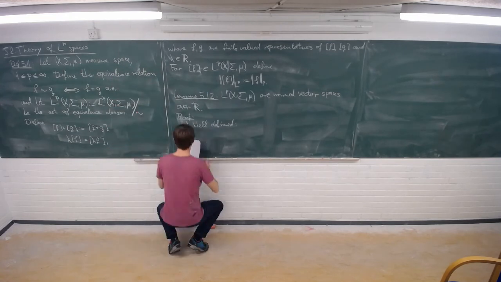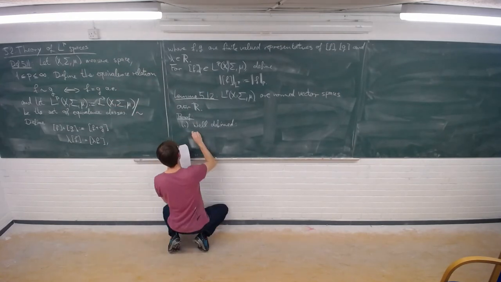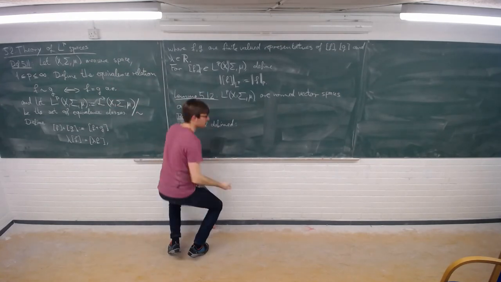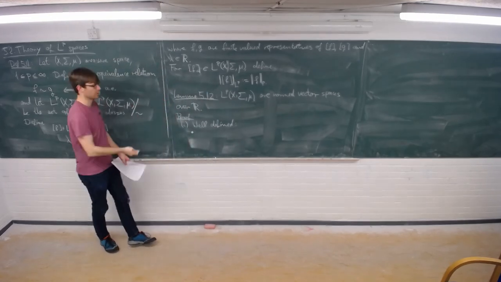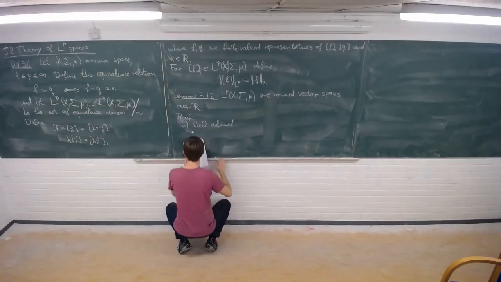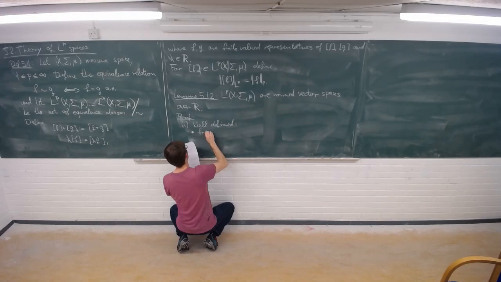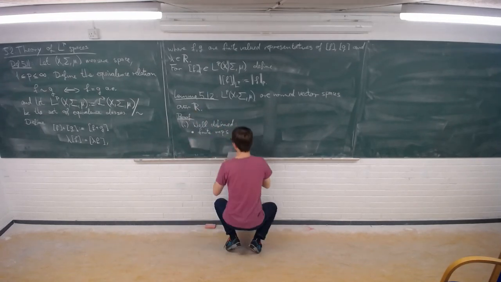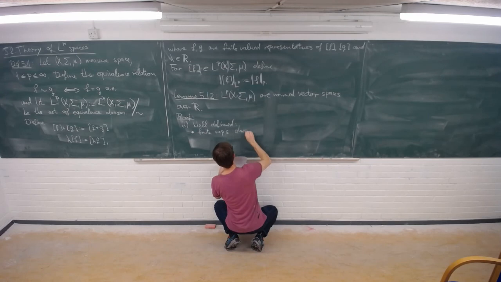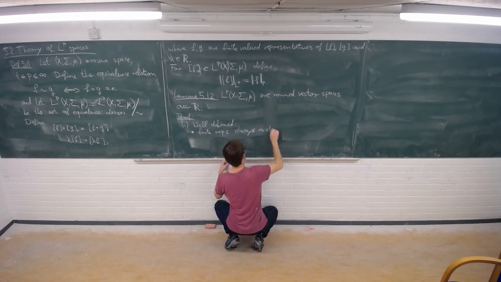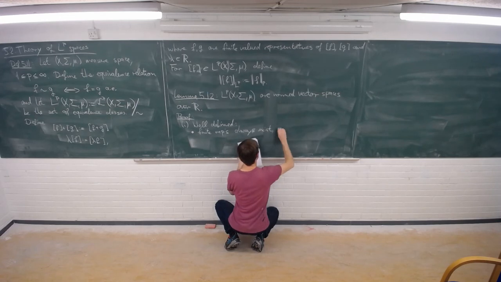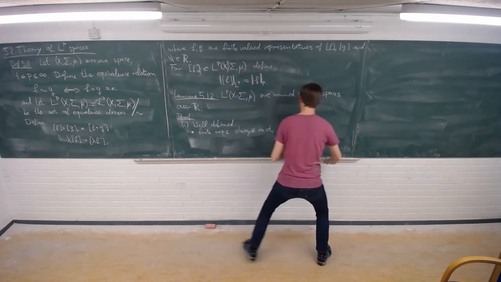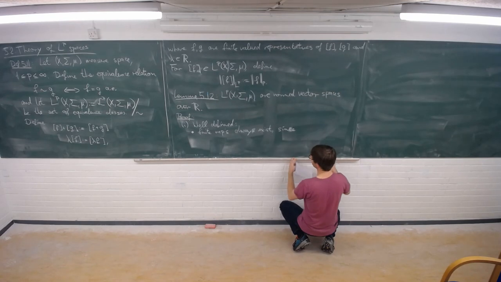The first thing to note is that finite valued representatives always exist, right? We have to be able to choose them.